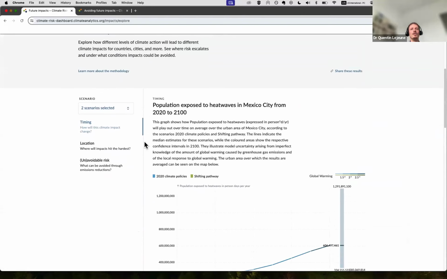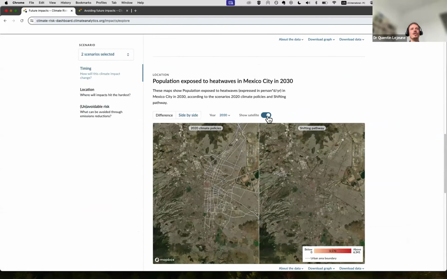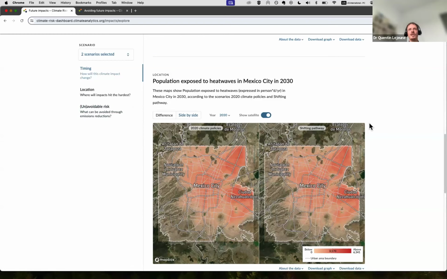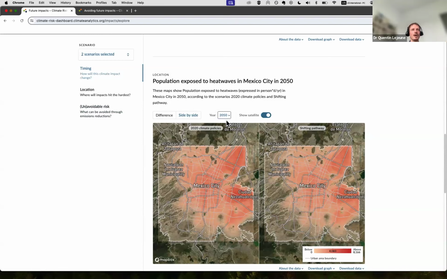And one new functionality is the possibility to overlay this information on a satellite view, which allows you to relate how differences in urban heat across Mexico City depend on the density of the built-up area, or whether you are located in, for example, rural areas.